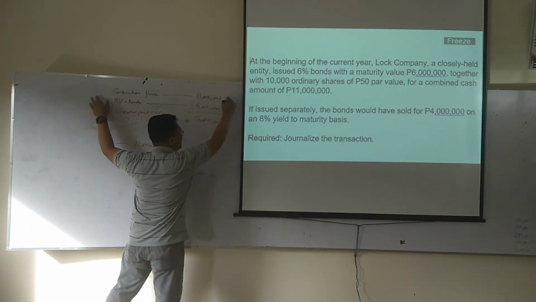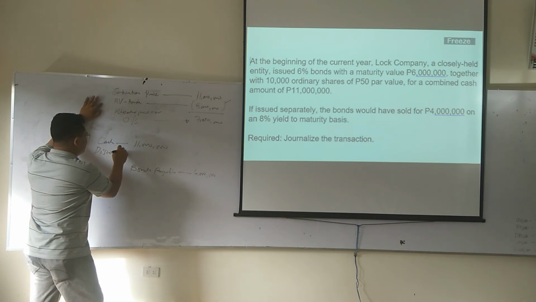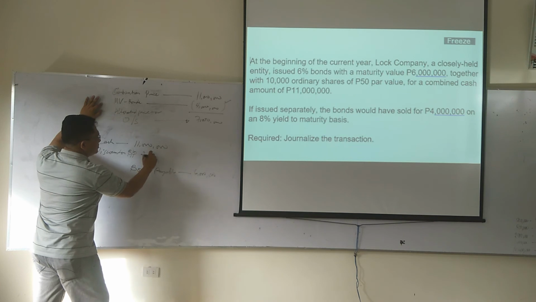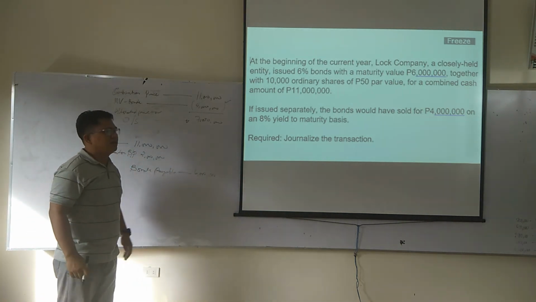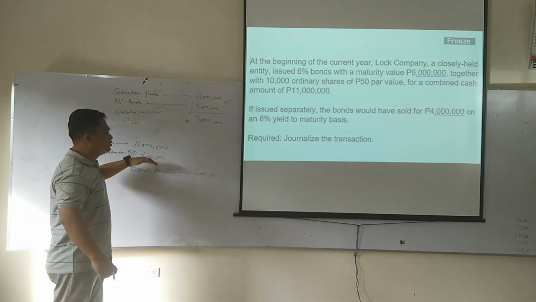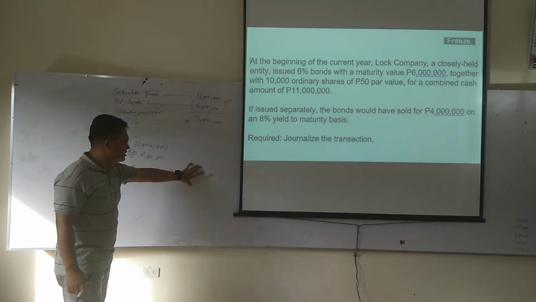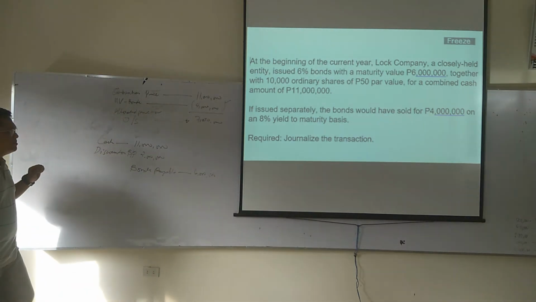Allocated price is 4 million. Therefore, we have a discount on bonds payable of 2 million because we sold the bonds at a price 2 million lower.